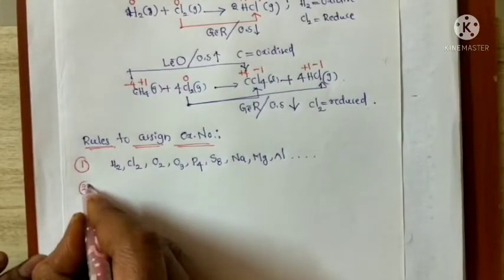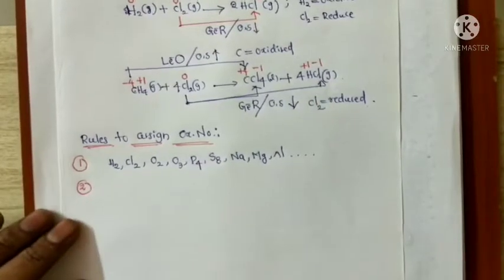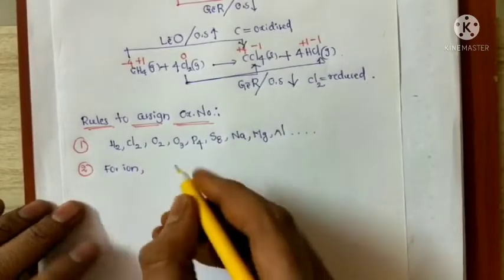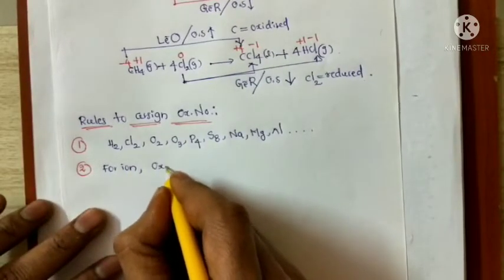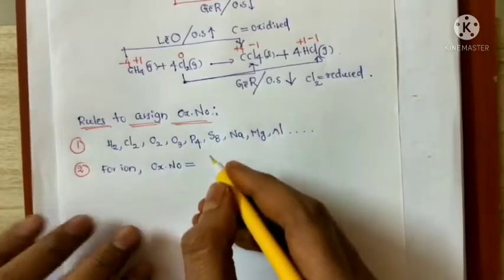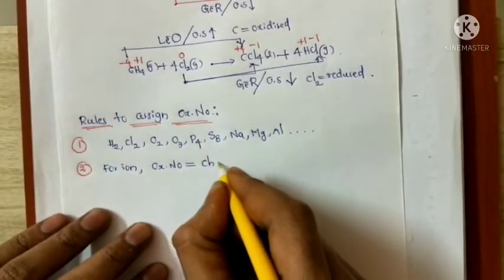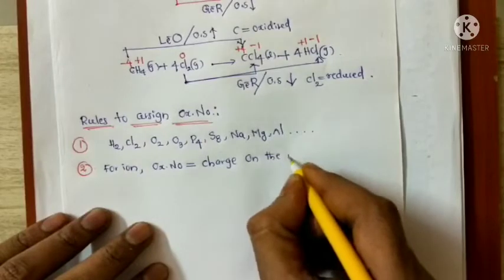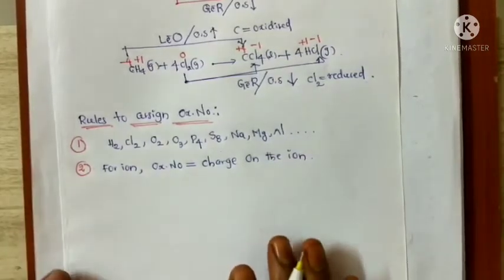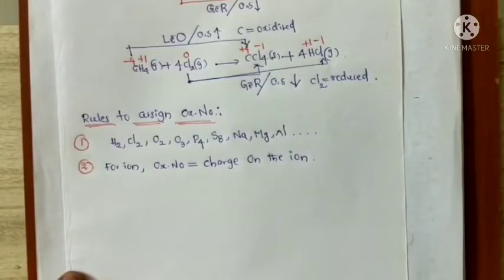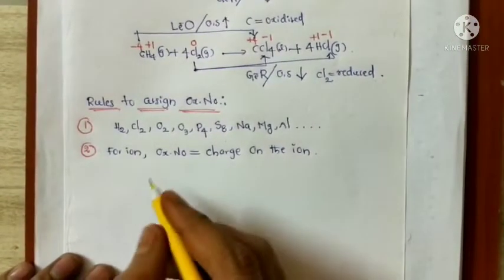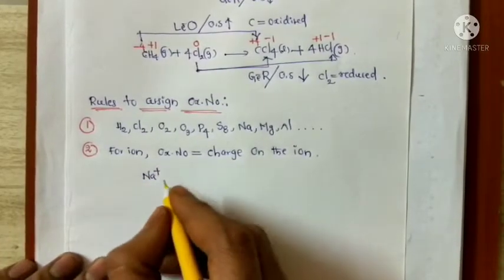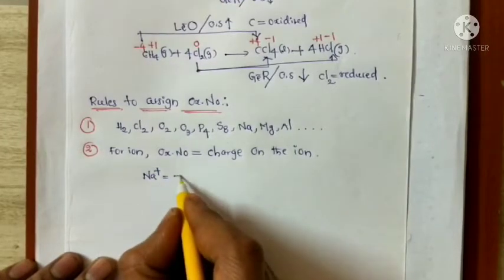Next is the second rule. For ions, the oxidation number is exactly equal to the charge on that ion. For example, Na+, the sodium ion, has oxidation state always +1.